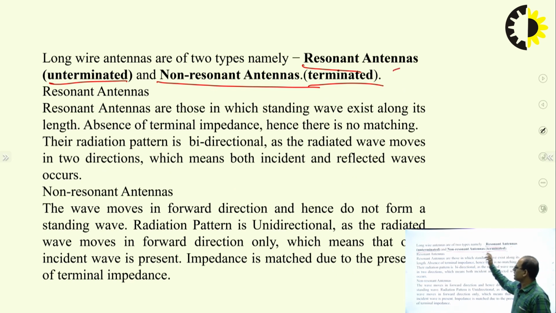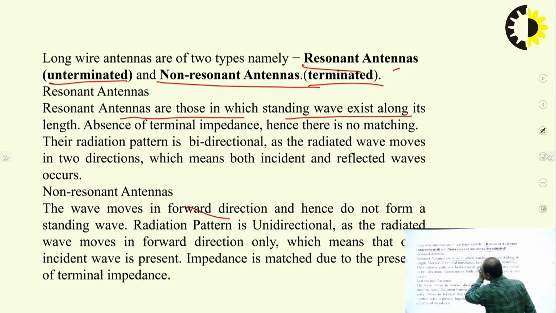So resonant antennas are those in which standing waves exist along the length, in the absence of terminal impedance, meaning there is no matching, and their radiation pattern is bidirectional. The radiated wave moves in both directions, incident and reflected waves, like this one.